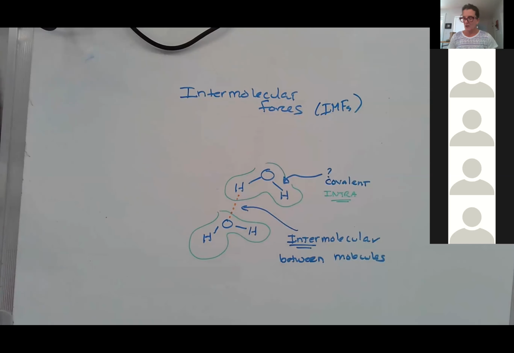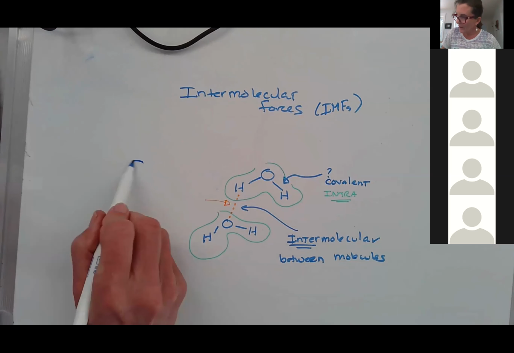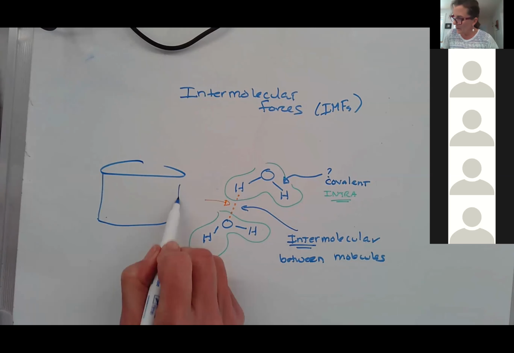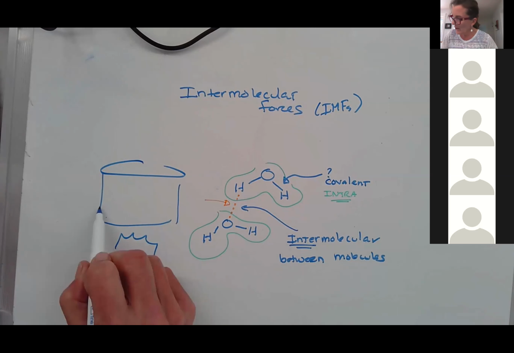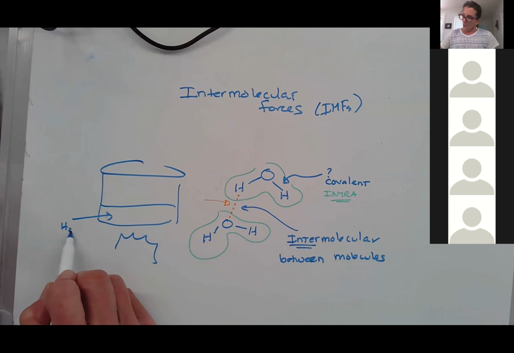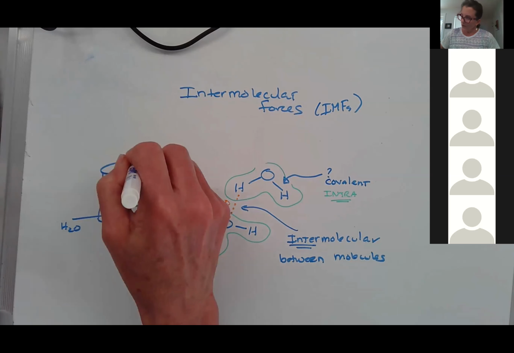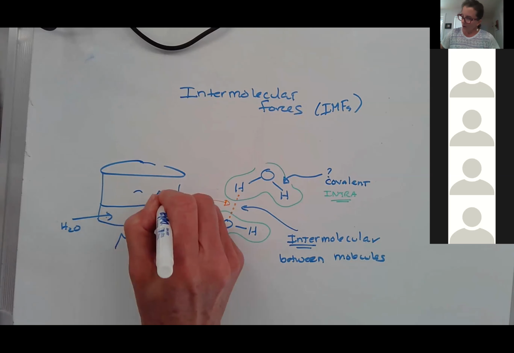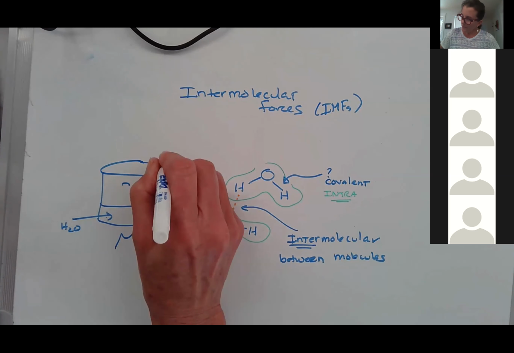They're really important in biochemistry. They're important in a lot of things. And one way to remember that this is weak is to think about what happens during a phase change. If you have a pot of water and you put a flame on it, when you reach the boiling point, water molecules leave the water and they turn into steam.